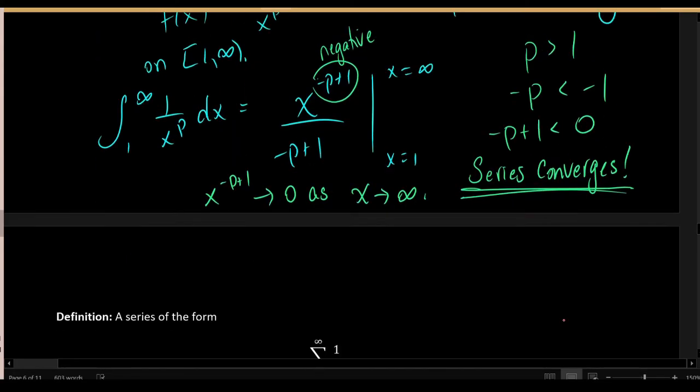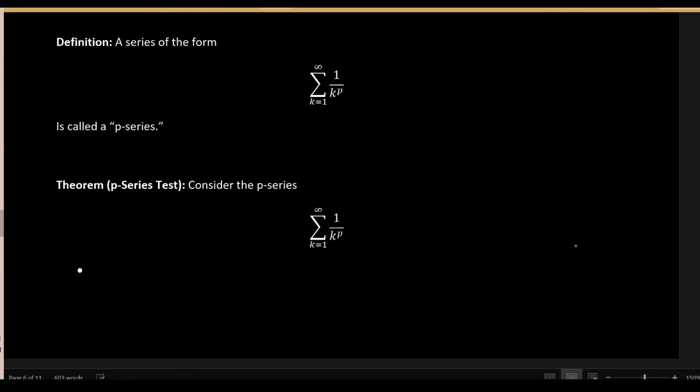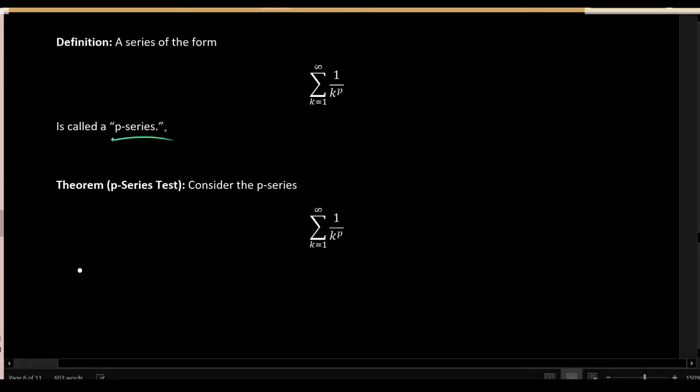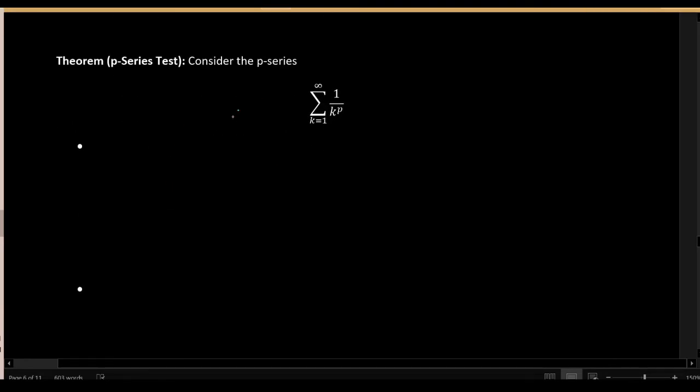So to sum up the results of the previous theorem, we have a specific name for the collection of results that we worked so hard to get on the previous page. The series of the form 1 over k to some power, any series of that form, is called a p-series. And so what we have just done is we have determined exactly when a p-series is convergent.